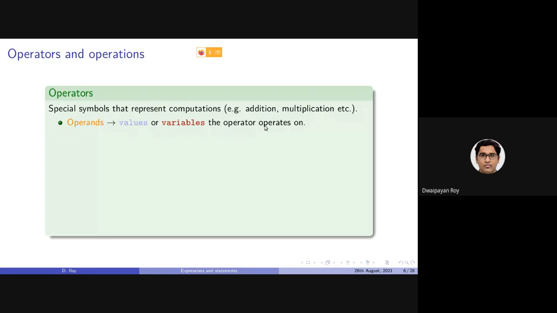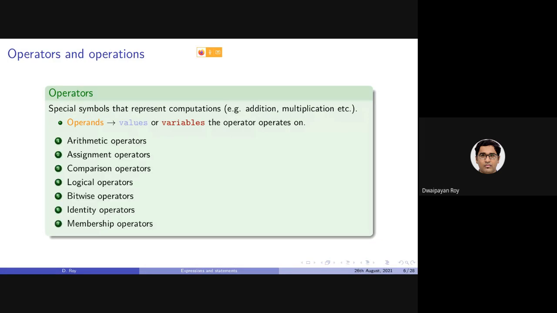In Python, mostly there are 7 types of operators: arithmetic operators, assignment operator, comparison operator, logical operator, bitwise operator, and some specific collection literal based operators, which are identity operators and membership operators. We will be discussing all of them. In today's class, we will be discussing the first 5.